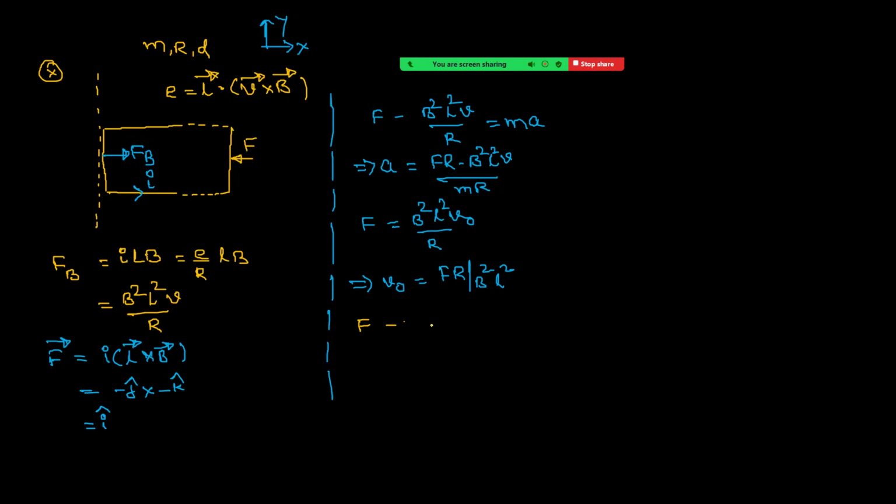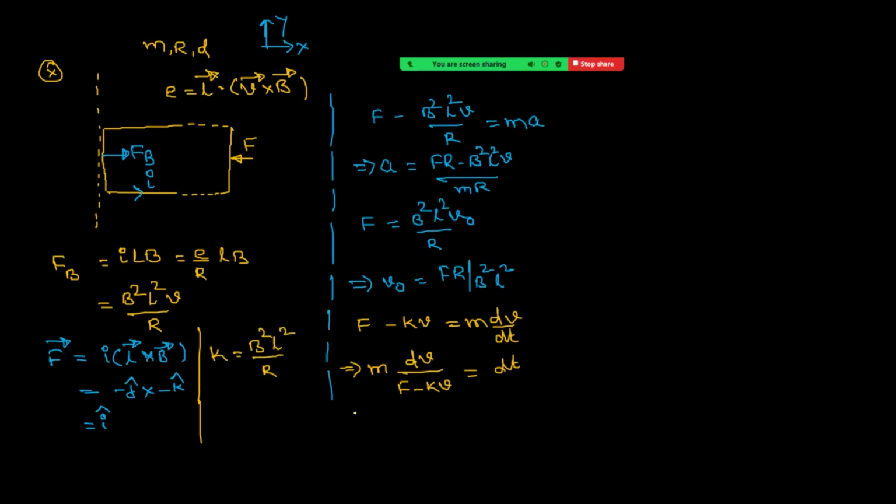It is a constant, I'm taking as some constant K. So K v equals M into, in the place of acceleration, rate of change of velocity with respect to time. Now we can write M into dv upon F minus K v, that is equal to dt. Right? So here what is K? I am writing K equal to B square L square by R.